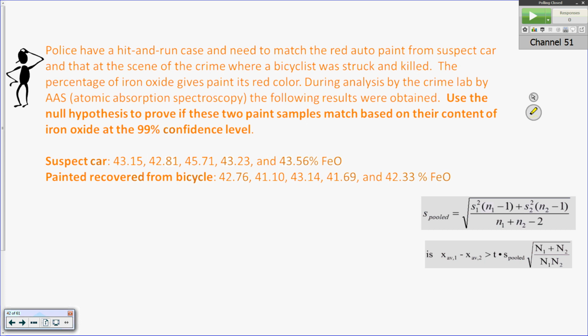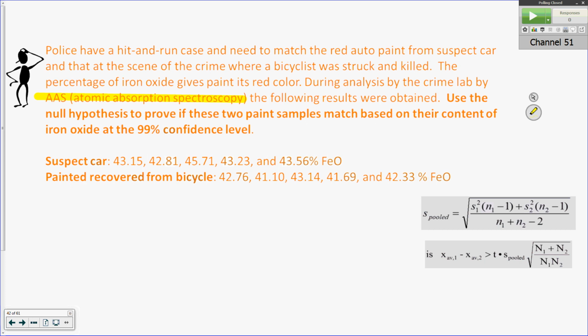And one way that you get red color paint is you put iron oxide in the paint. So this paint was analyzed for percent iron oxide content using atomic absorption spectroscopy. It's just a tool that we'll learn about this semester.